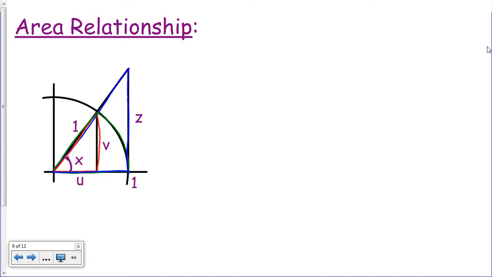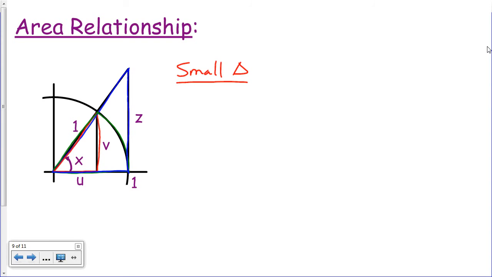It really doesn't matter what we start out with, but let's look at this small triangle to start off with. And let's start with u. Let's just do this in order here. So if I look at u and I look at this angle x, u is the adjacent side to that angle, and the hypotenuse of that little red triangle is 1.